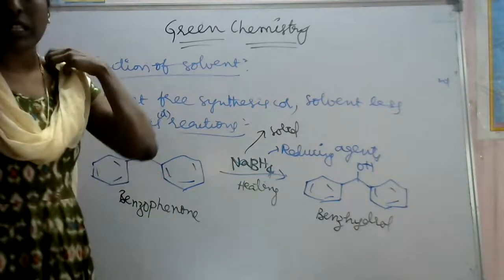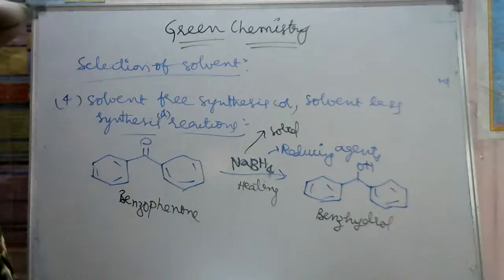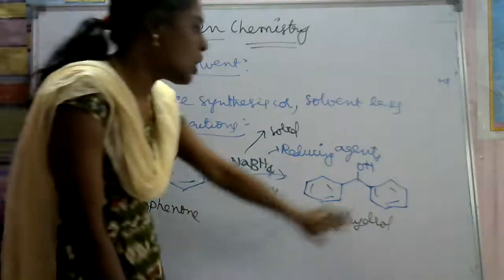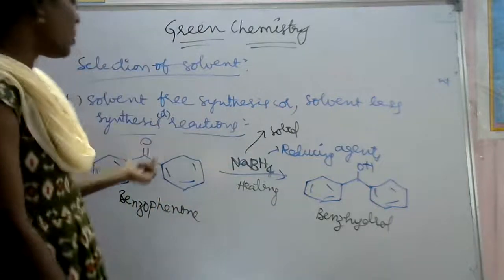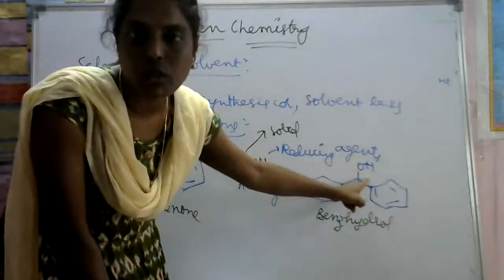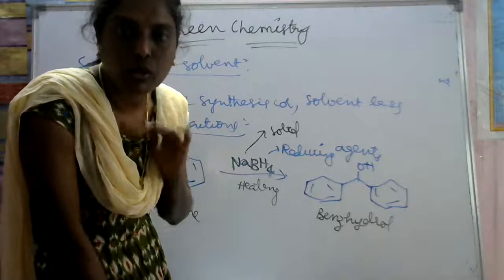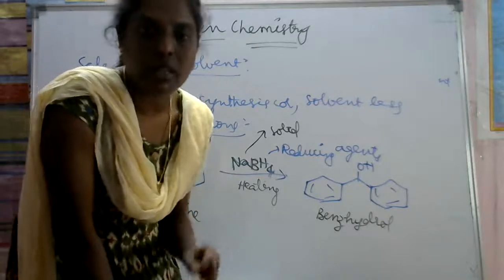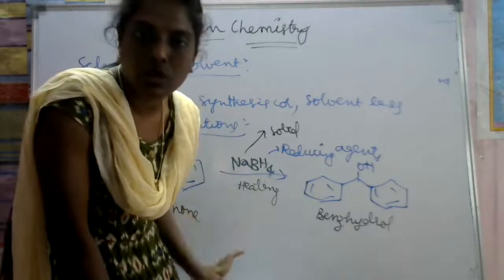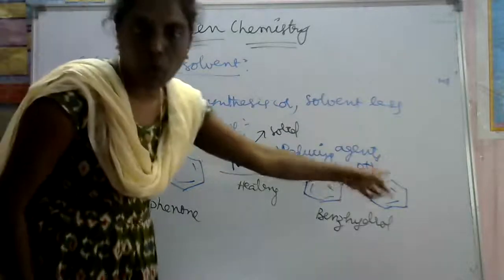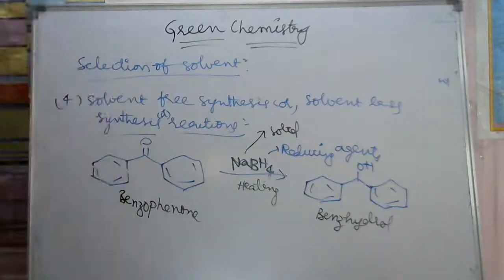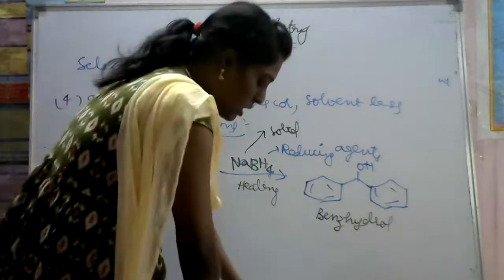That's why it is called benzhydrol. This ketone is converted into an OH group by reduction, adding hydrogens. So this is the example for solvent-free synthesis.